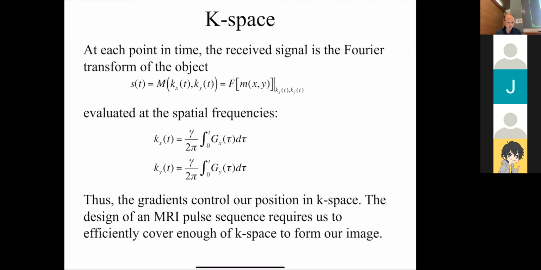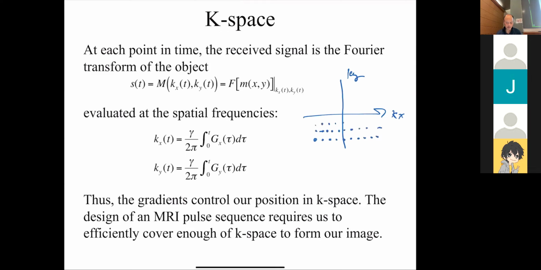Okay, just to remind you, what we're measuring in MR is the Fourier transform of our object. At every point in time, we're getting a sample of the Fourier transform of our object. So the basic picture is, assume this is Kx and this is Ky. We might start off at some point here, and then we will want to collect points along this whole plane.